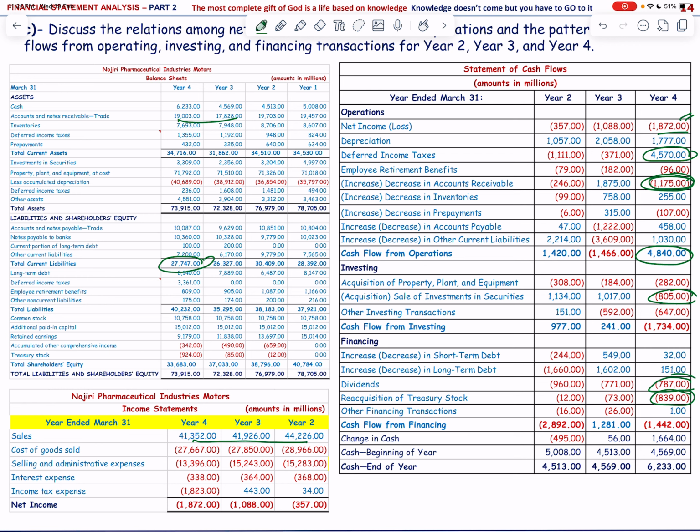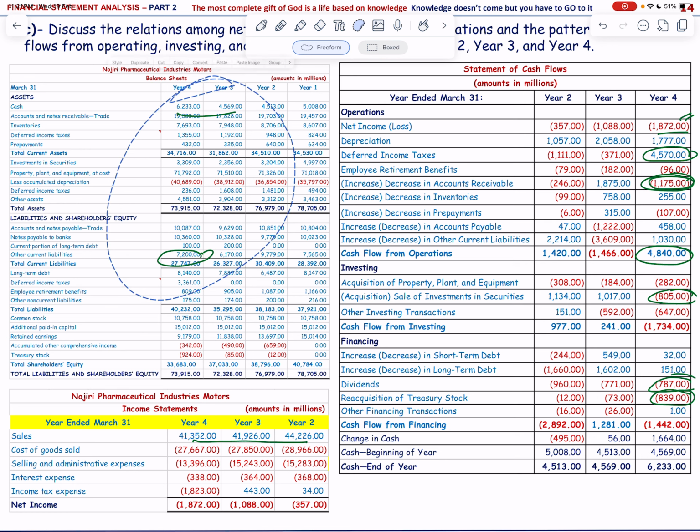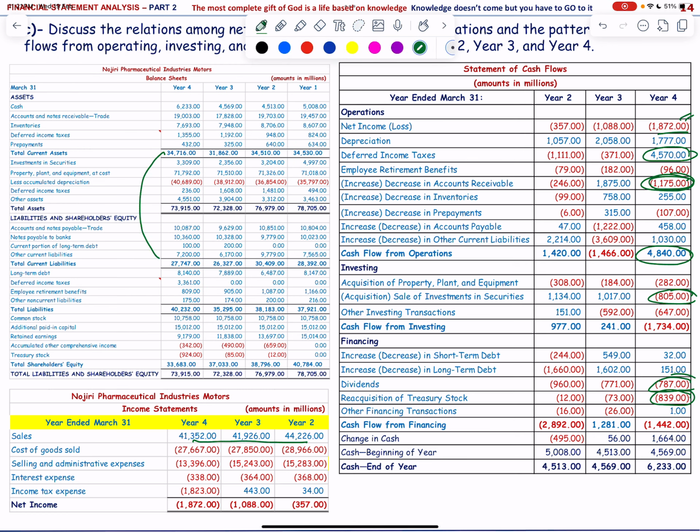So, if we summarize, although the company is maintaining a positive working capital, you can compare the current assets and the current liabilities. You can see that they have a positive working capital position with current assets exceeding the current liabilities.